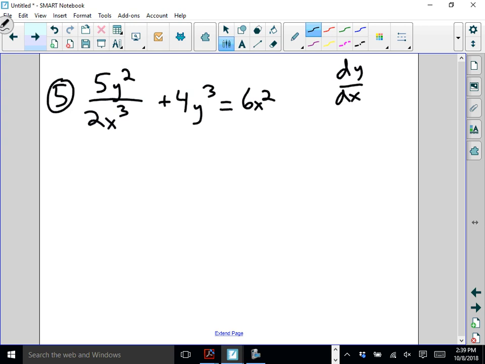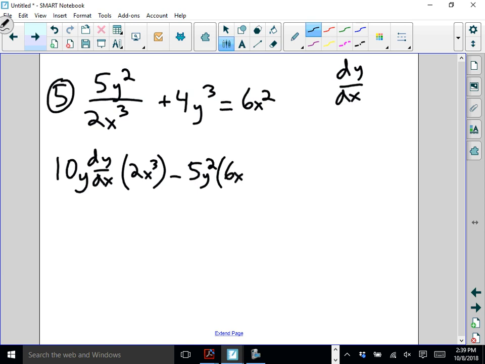Okay, so quotient rule says I do the derivative of the top, which is 10y dy dx. Again, every time I derive y, I need to multiply by dy dx. That's the derivative of the top times the bottom. Minus the top times the derivative of the bottom, which is 6x squared, all divided by the bottom function quantity squared.